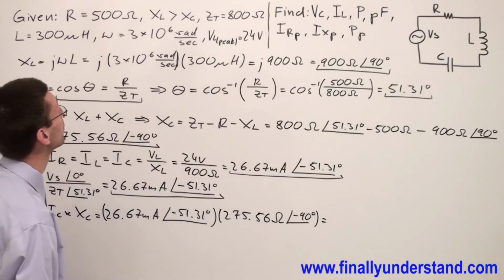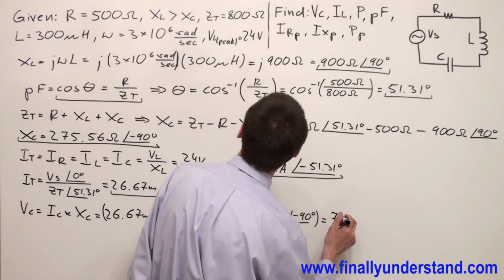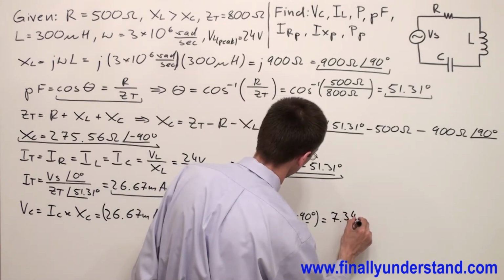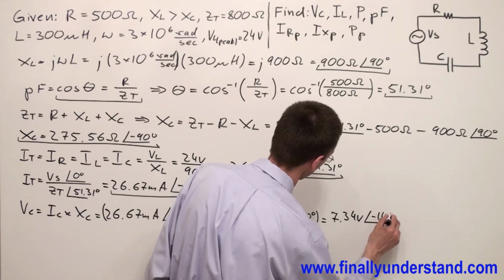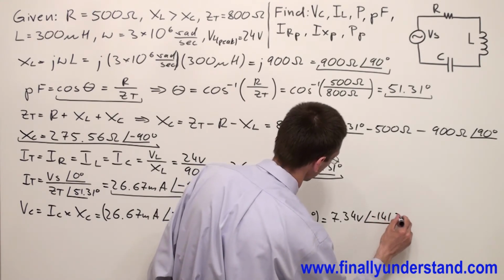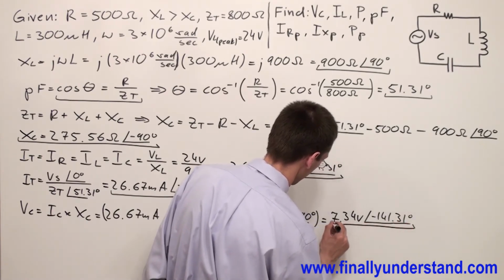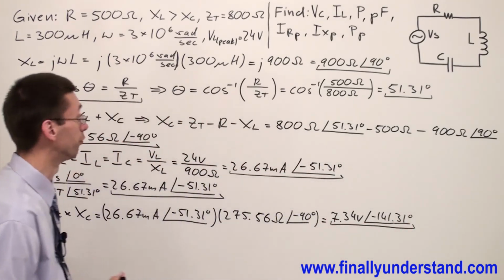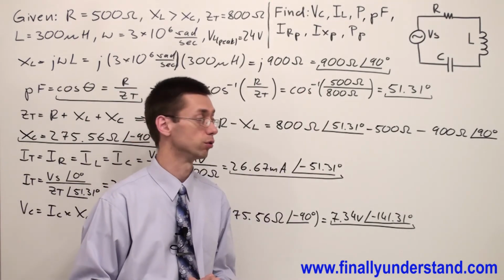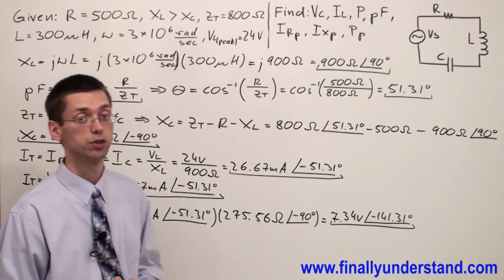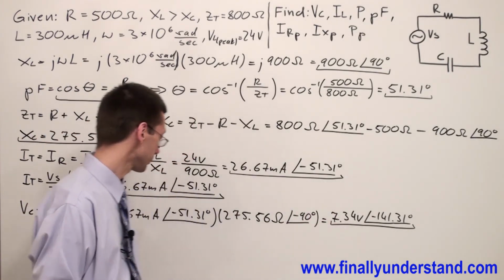This is equal to 7.34 volts and angle of negative 141.31 degrees. Okay, so this is the voltage across the capacitor. If you are going to use voltage division law, you're supposed to get an answer very close to this one.